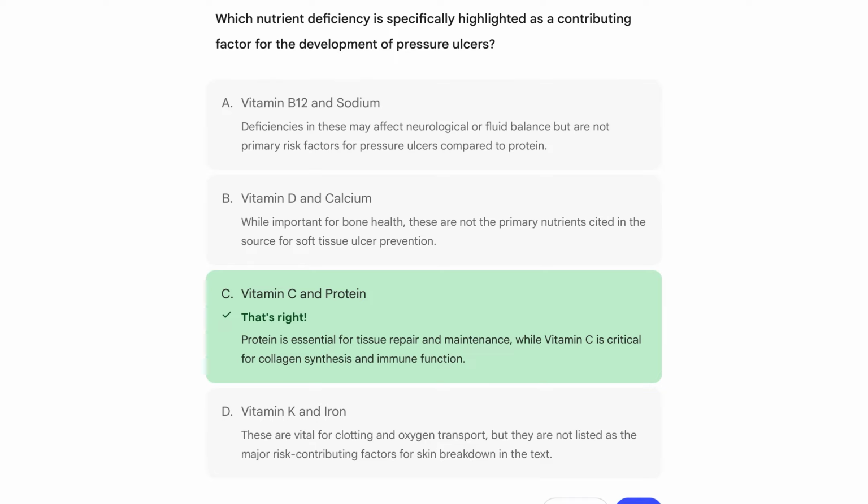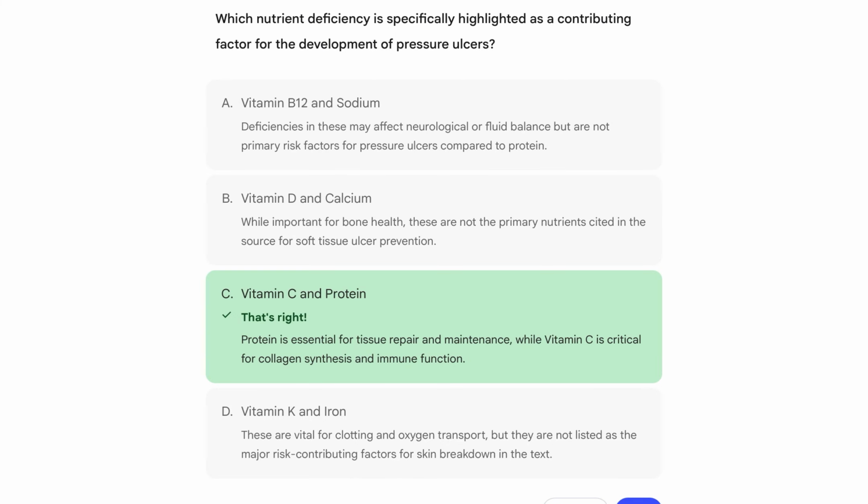If there is vitamin B12 deficiency, there is a problem of neurological deficit. If there is sodium deficiency, there are conditions like syndrome of inappropriate ADH and diabetes insipidus, in which you will see variations in the sodium.